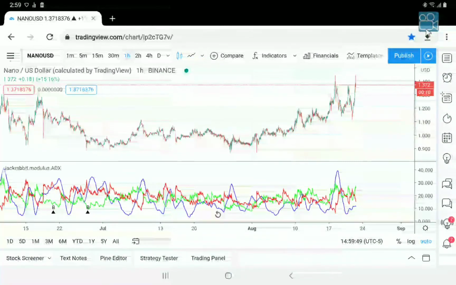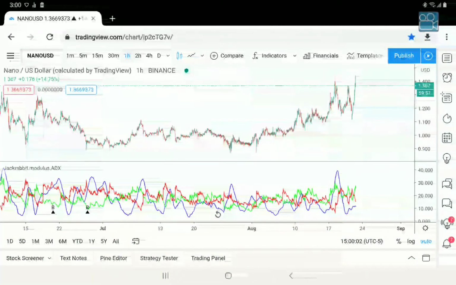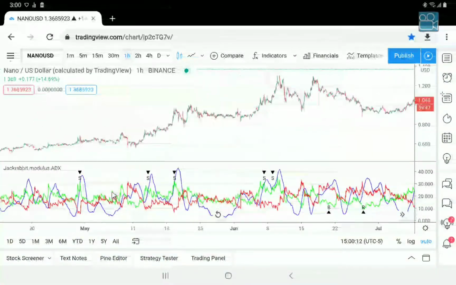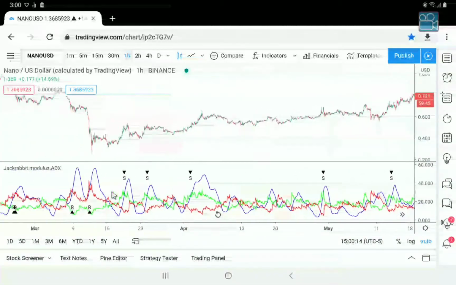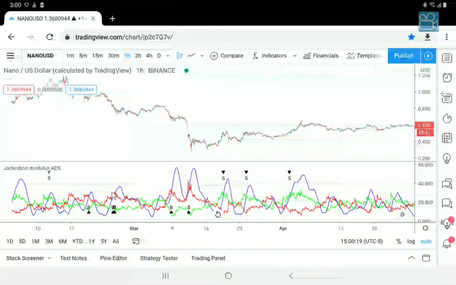When looking at the ADX indicator for long-term trends, it is important to remember that not all time frames will produce good results. In the case of Nano, we see that a long-term trend actually is not very favorable, and so this coin is better suited for trading shorter time periods.